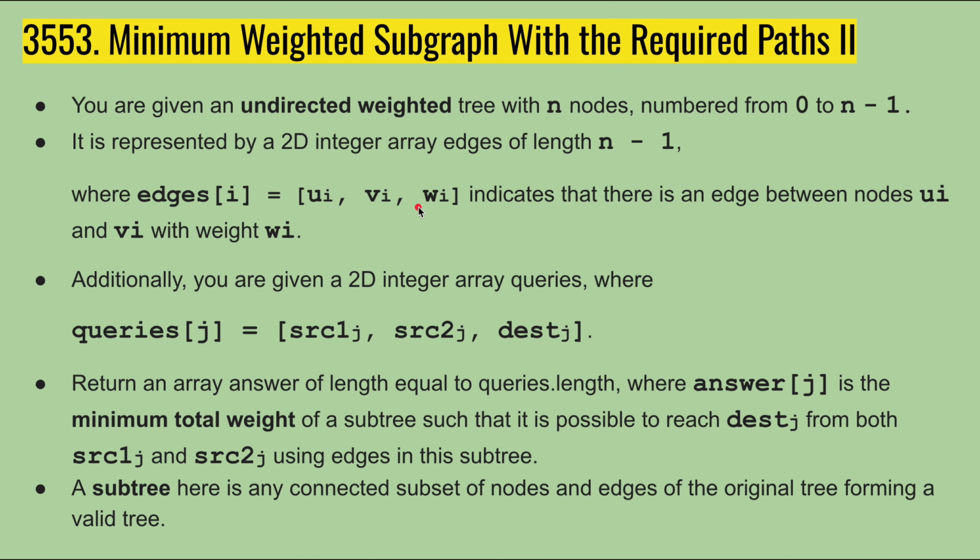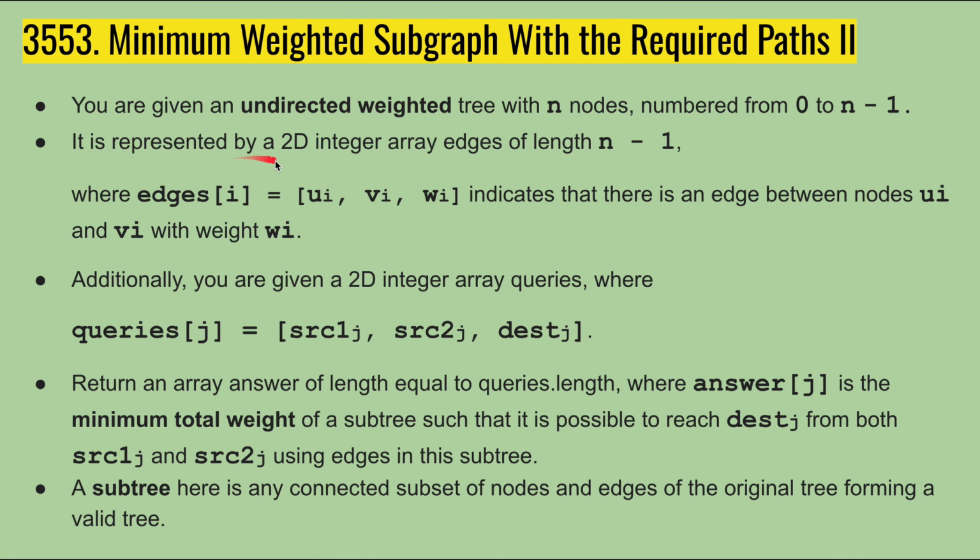Okay, so we are given an undirected weighted graph, or you can say a tree, with n nodes numbered from 0 to n minus 1. If there are n nodes numbered 0 to n minus 1, this is an acyclic graph.